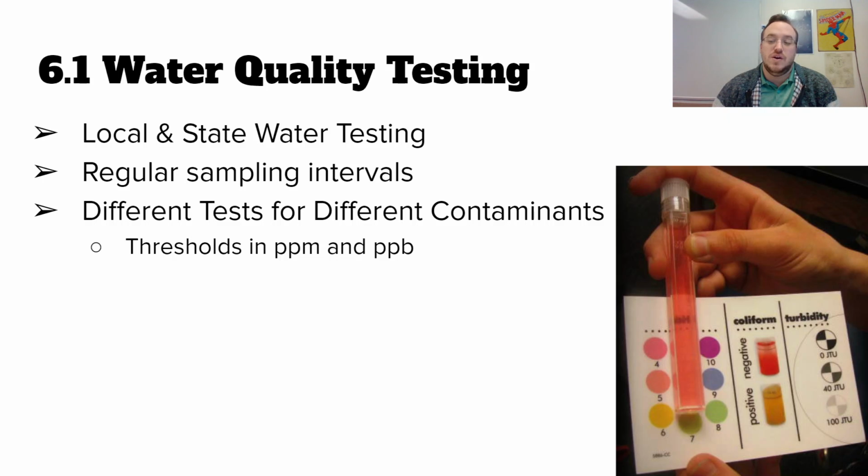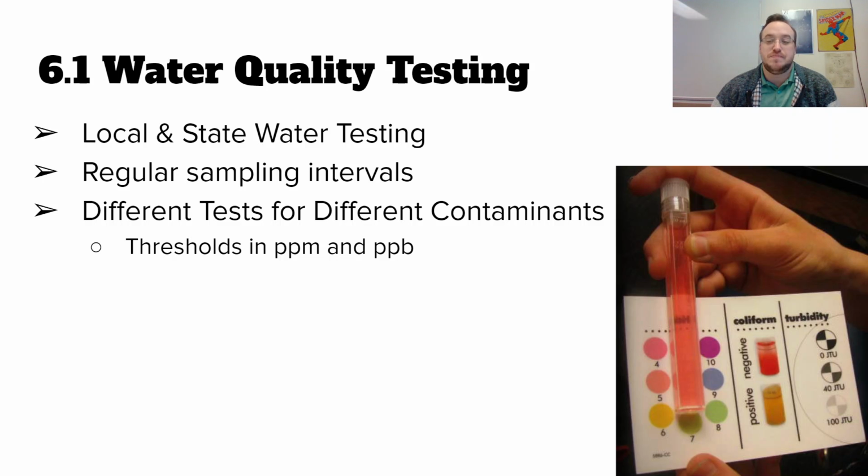All right, so the large takeaways I want you to get is that water is regularly tested. So samples are taken on a regular basis, usually every year, and then a different kind of tests on like a 5-year cycle. So these regular sampling intervals allow for careful monitoring, and these are the official ones.